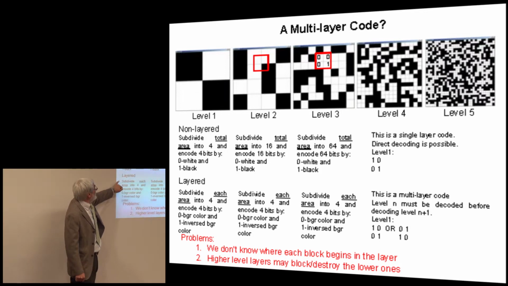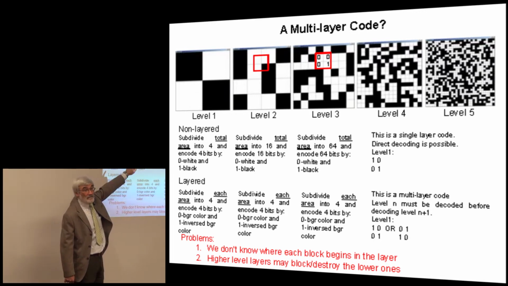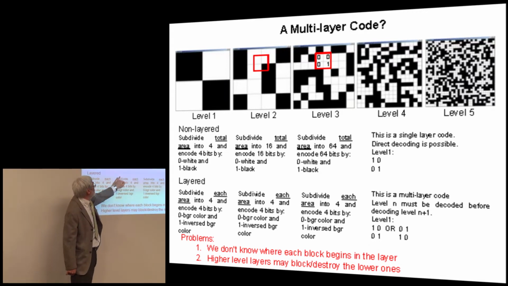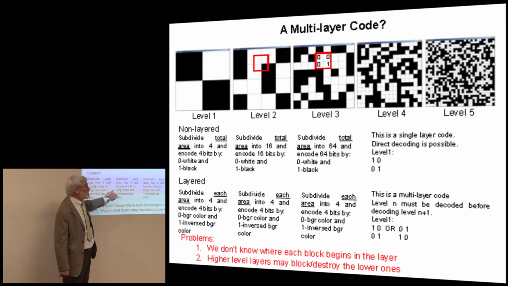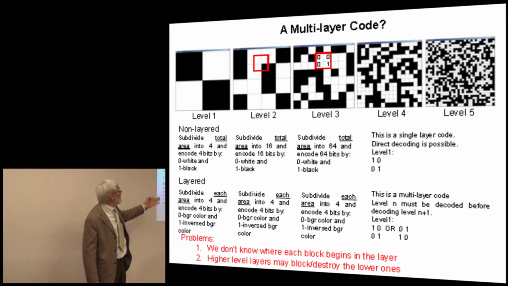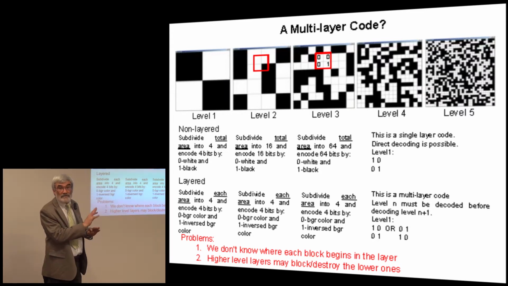Subdivide into 4, encode 4 bits, keep those 4 bits, and then subdivide each area into 4 again, and you'll have 16 bits here, right? 16 bits. But these 4 bits, they stay. So what's the difference? The difference is that you just invert.